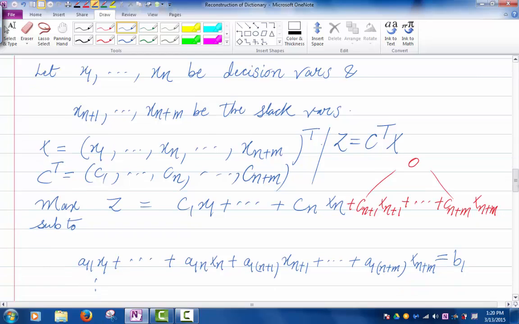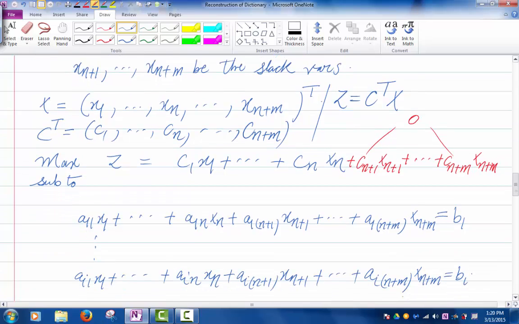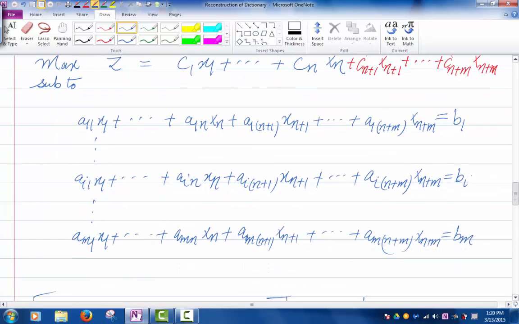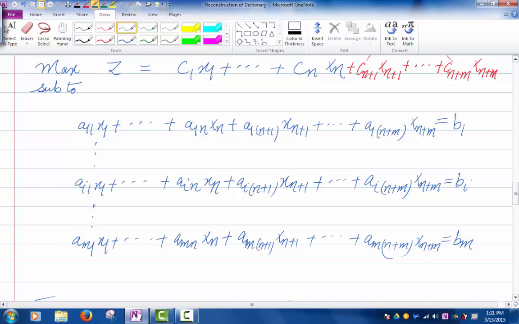Now, let's recall that the functional constraints, we denoted them by this. For the general problem, we used aij for the coefficients. So now I have all the variables, and all the functional constraints are written in terms of all the variables. Can someone tell me what is the coefficient a1,n+1?